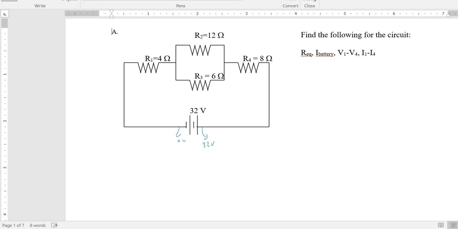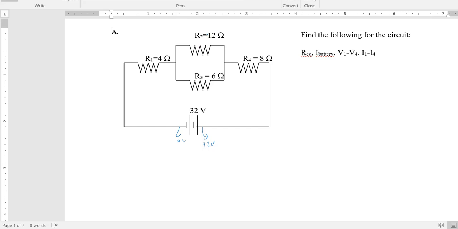The other places we'll have to figure out. For the sake of argument, we also say going through a wire, you don't lose any volts. We're going to assume that the resistance of the wires is very low compared to the actual resistances. So the first thing you need to do here is combine resistors, and I look for small amounts to combine at once. For instance, if I look at this circuit, R2 and R3 are in parallel.